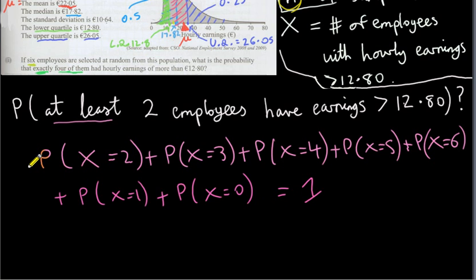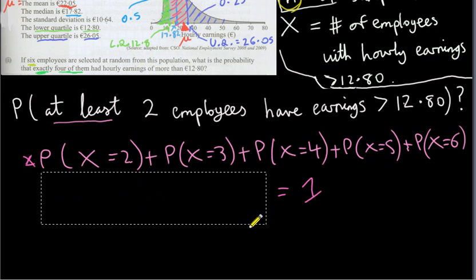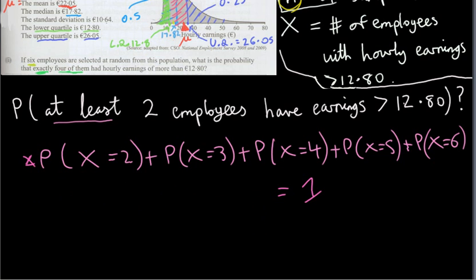So if we want to calculate this thing here, all of this line here, we can just shift these 2 probabilities over. So we can just get rid of this and write our problem as 1 minus the probability of X equals 0 minus the probability of X equals 1. So we have slightly less work to do here.